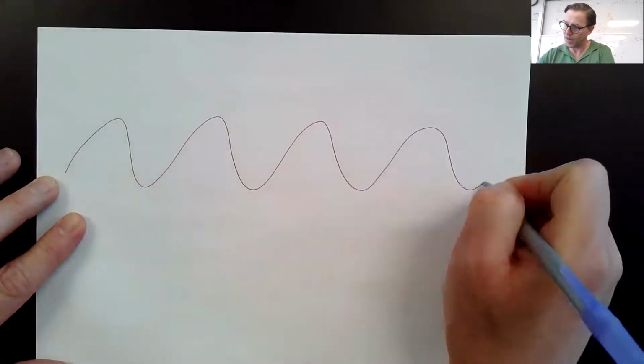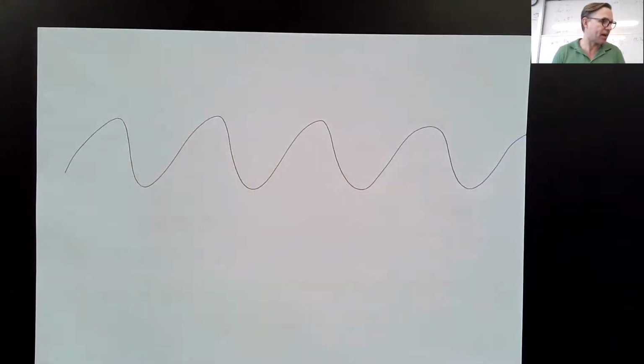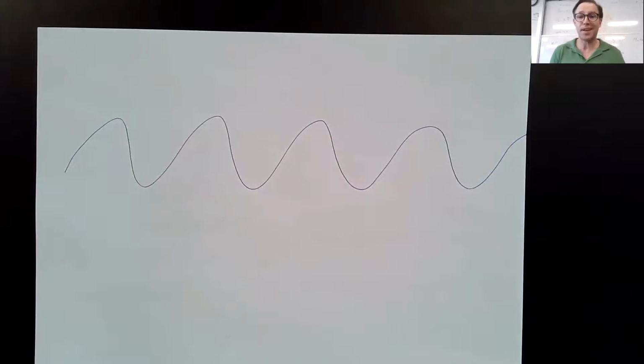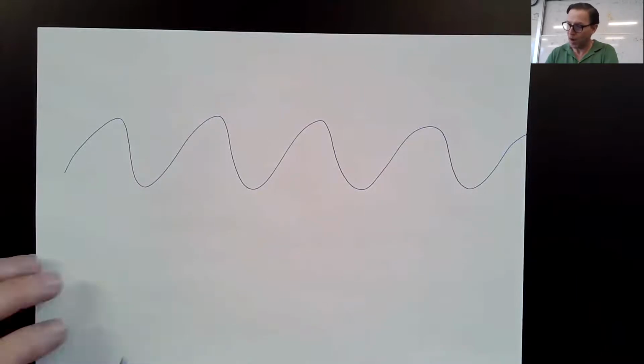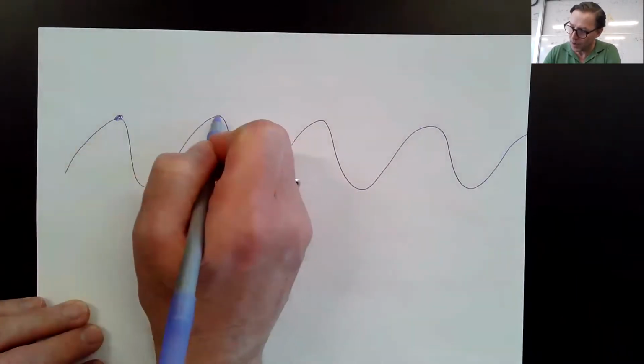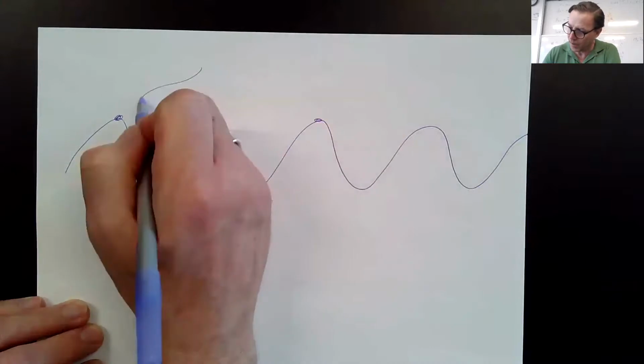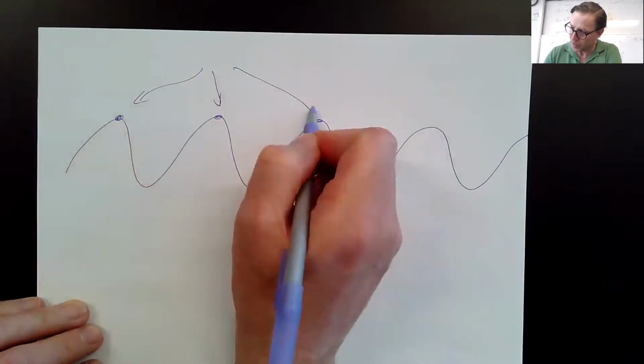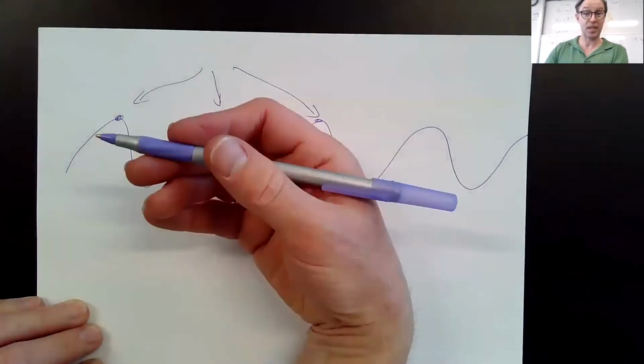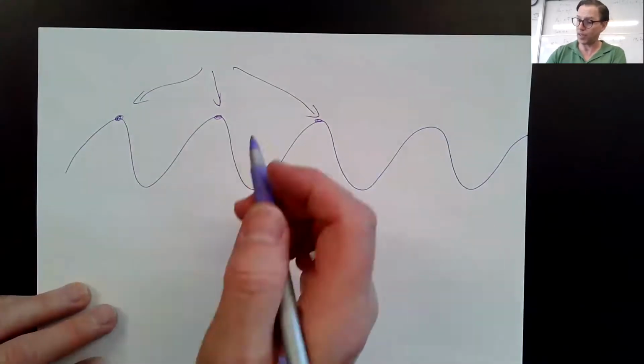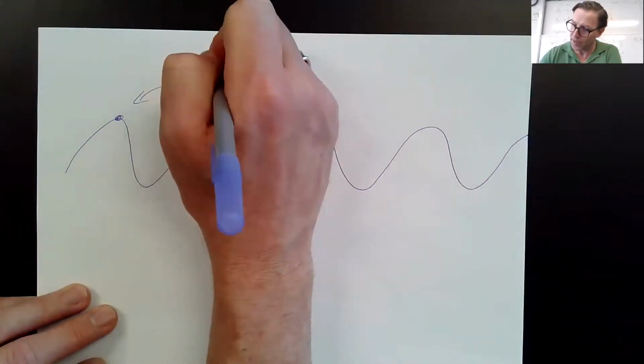And I know this looks like a sine wave or a cosine wave, and I'm not going to define sine and cosine for you because you've already talked about that in your math class. But there are some different parts here on the wave that I'm going to name for you ever so briefly. The top part here or here or here, the place where we are maximally displaced in one direction, that's called the crest.